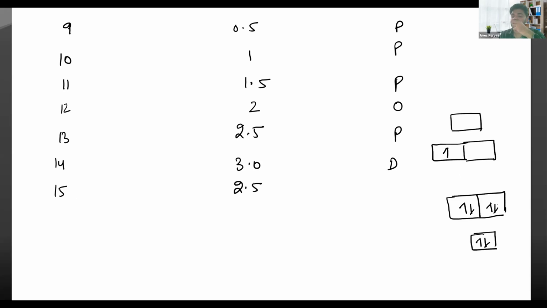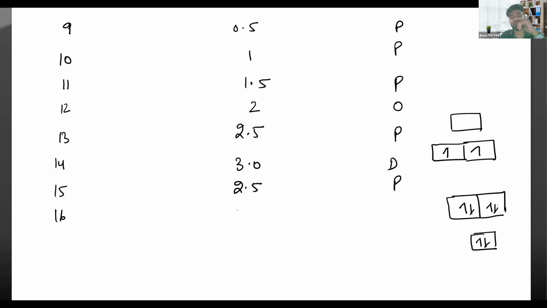Got it? So it will be paramagnetic in nature at 2.5. Then at 16, it will be like this. Now again the bond order will decrease, and then again the bond order will decrease.